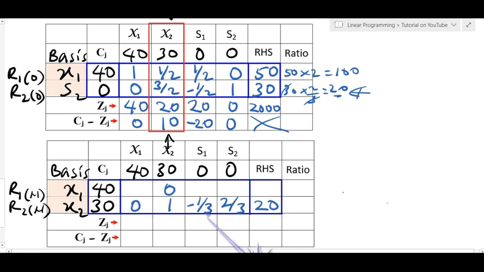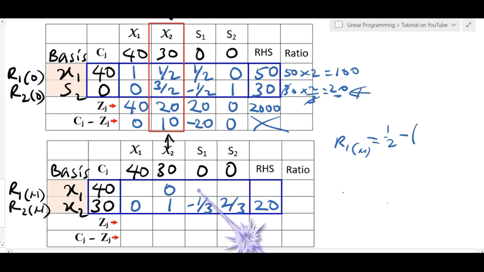Now, coming to this position, let's say R1 new is equal to R1 old. Where's our R1 old? This is it, R1 old, half, minus x. What is x?